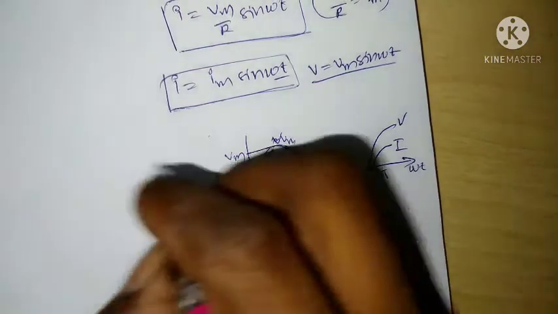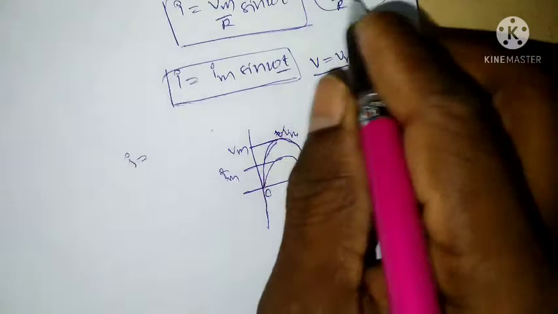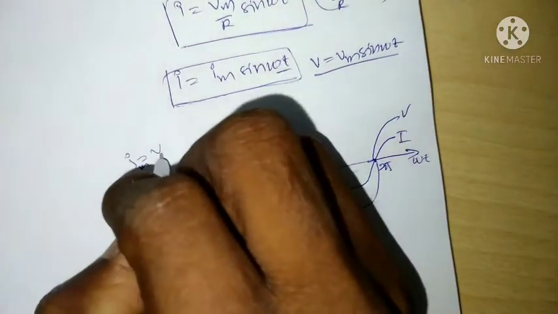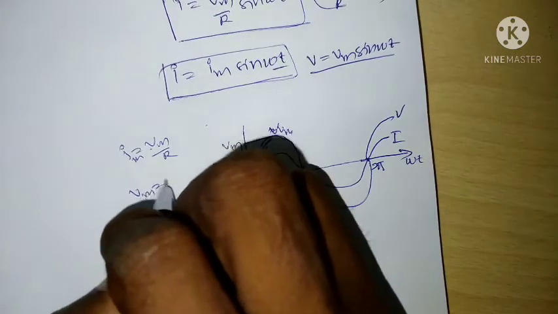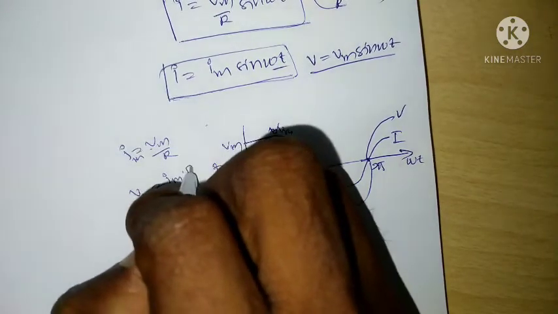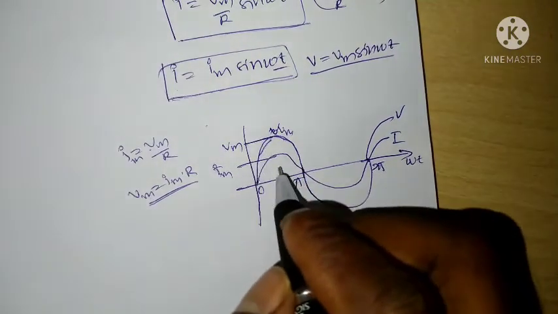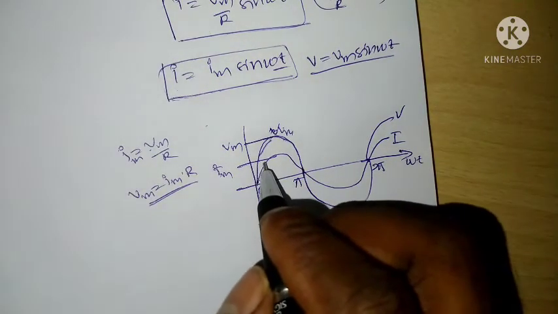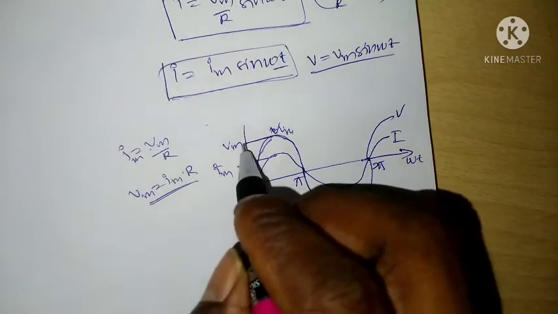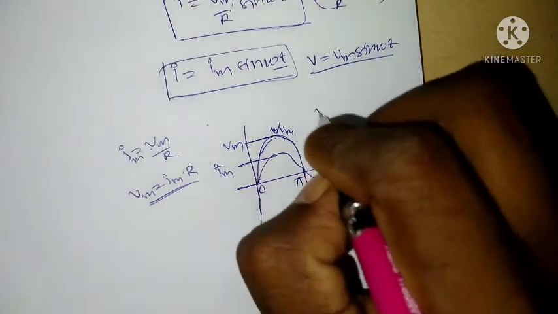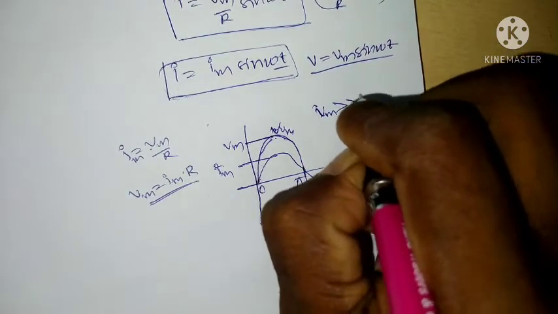What is the relation between current and voltage? Im is equal to Vm by R, and Vm is equal to Im into R. From this equation, the phase is the same, only the amplitude changes. The amplitude Vm is higher than Im.